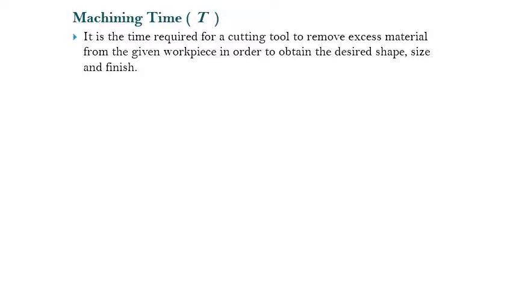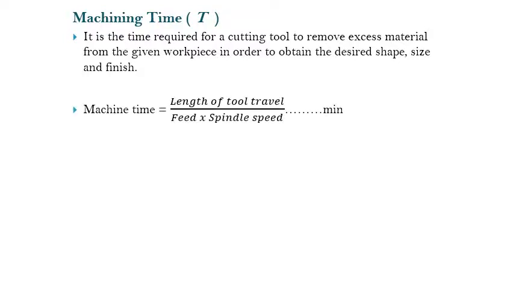Okay. So machining time is given by the length of the tool travel divided by feed times spindle speed, in minutes.